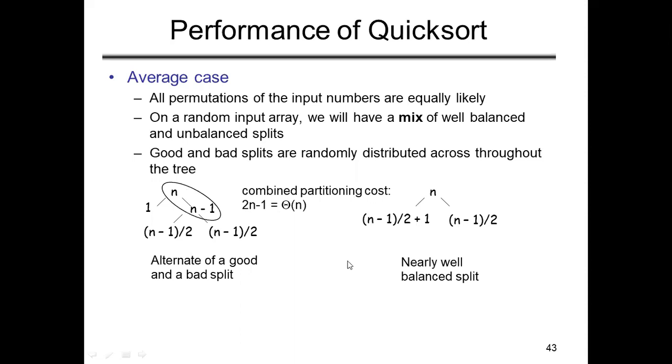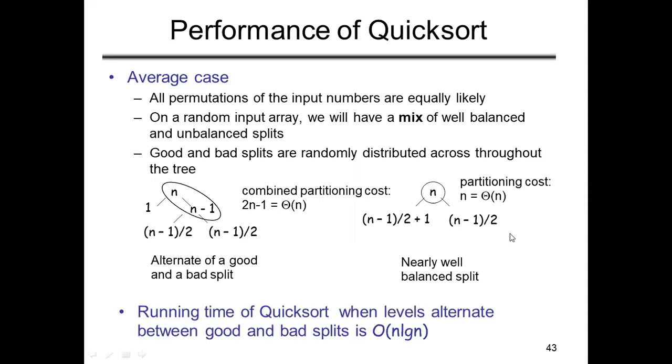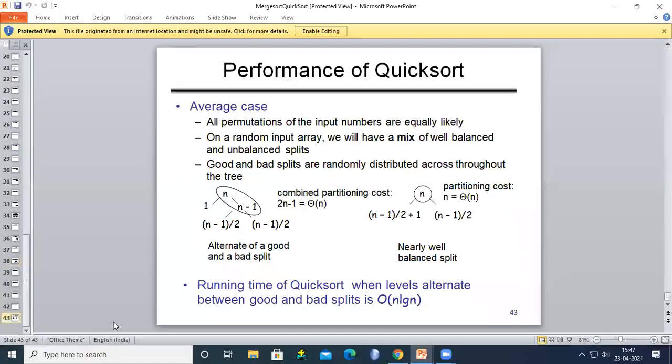Nearly well-balanced state. Partition cost is theta of n, with n minus 1 by 2 plus 1 and n minus 1 by 2. The running time of quicksort when levels alternate between good and bad splits is theta of n log n.